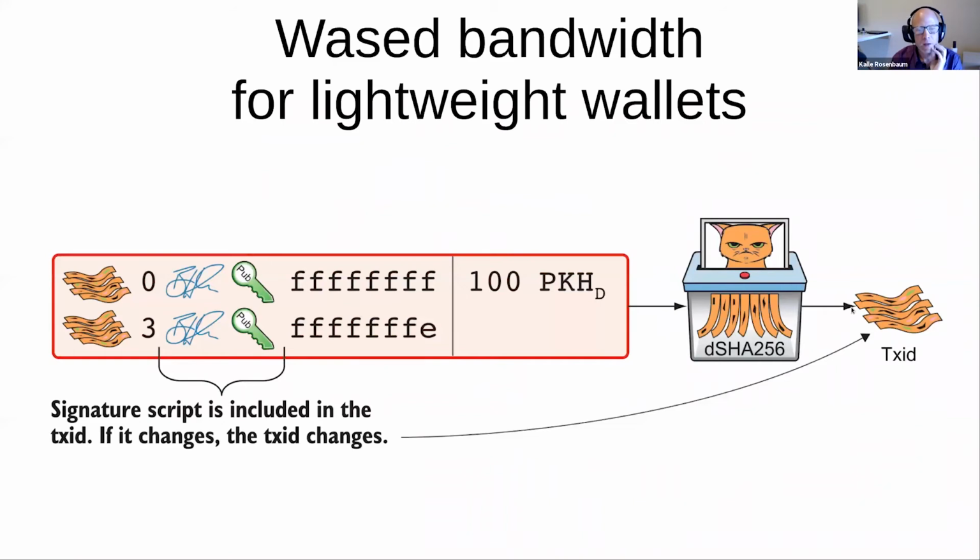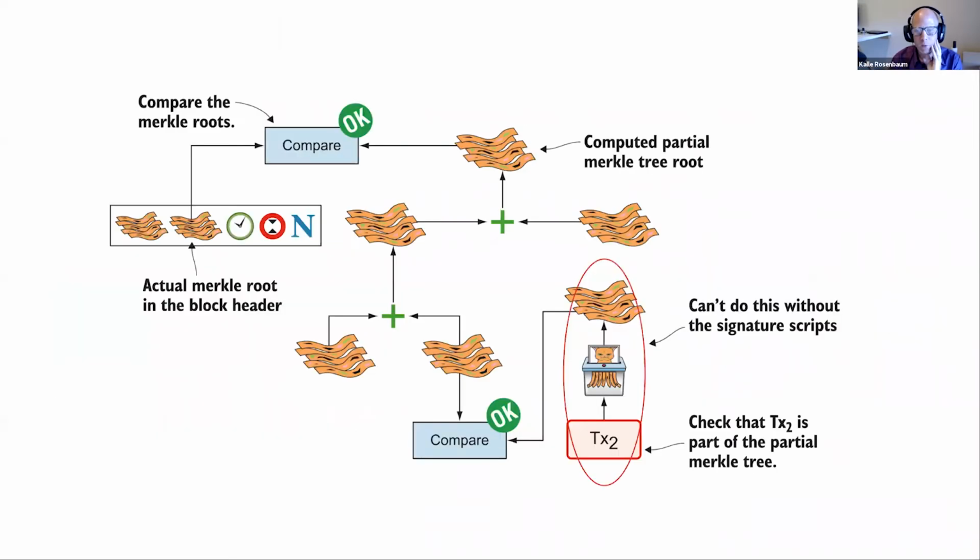And that is a little bit of a problem, because when a lightweight wallet wants to verify that a transaction is included in a certain block, it needs to hash the transaction to get its transaction ID, and then compare that to one of the hashes in the Merkle proof, like this.